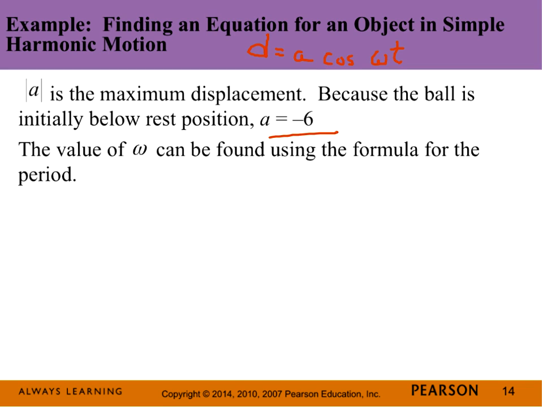We were told on the last page that the formula for the period is given by 2 pi over funny W. And we also know the period was 4. Remember, it took 4 seconds for it to cycle through. So I know at this point that I can set 2 pi over funny looking W equal to 4.